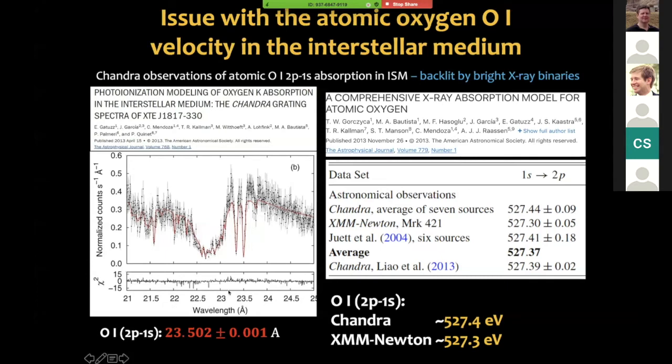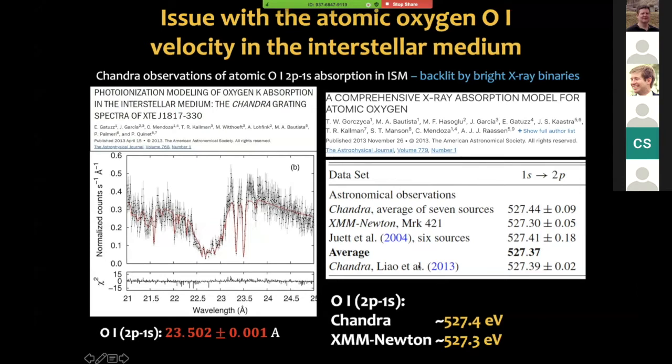This is one example spectrum where you can see this strong atomic oxygen line, the 1s-2p transition, around 23.5 angstrom. Here you can also see several observations, averaged from different sources. From Chandra, the value is roughly 527.4 electron volts, and from XMM-Newton, the value is 527.3 electron volts.